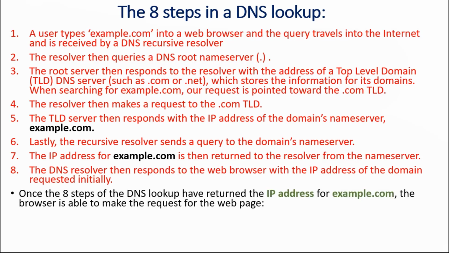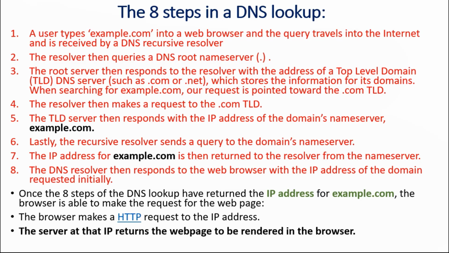Once the 8 steps of the domain name system lookup have returned the IP address for example.com, the browser is able to make the request for the web page. The browser makes an HTTP request to the IP address.